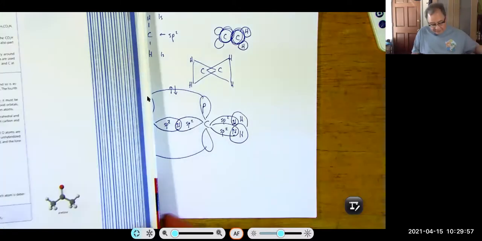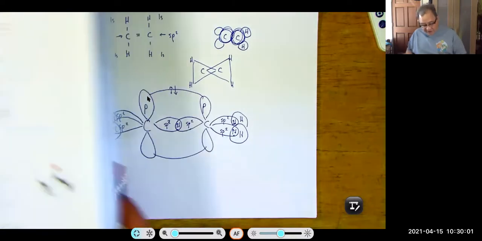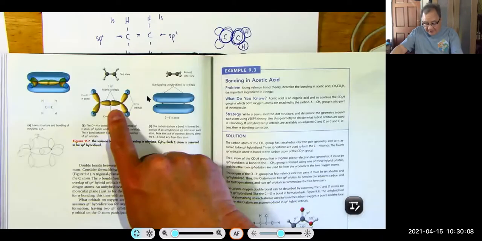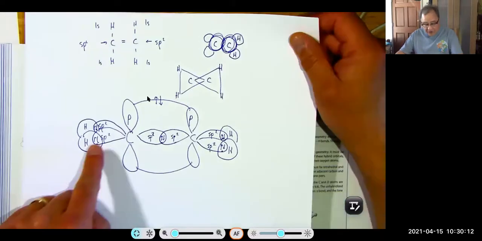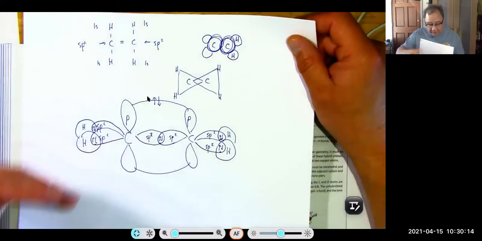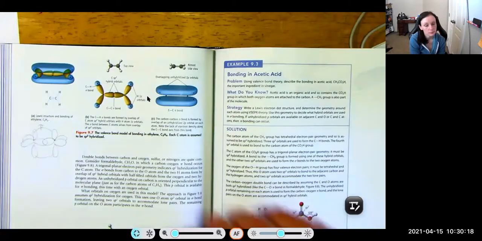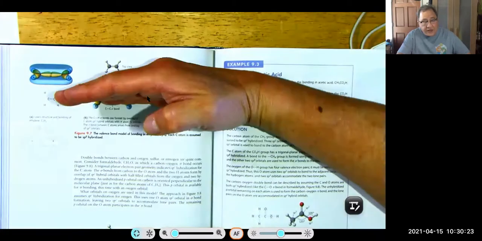All right, so can you see that this drawing here is the same as this drawing here, but this one's on its side and this one is looking from up above? So when they take this and they rotate it 90 degrees, this is what you're looking at.